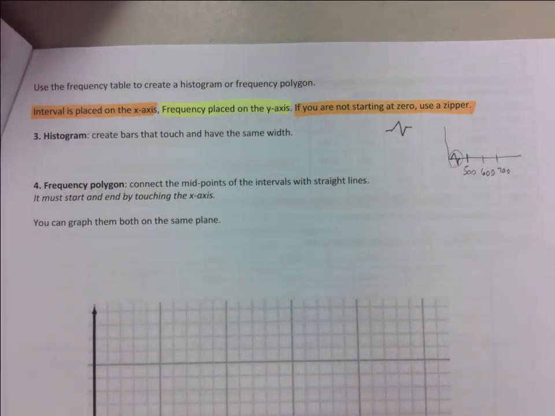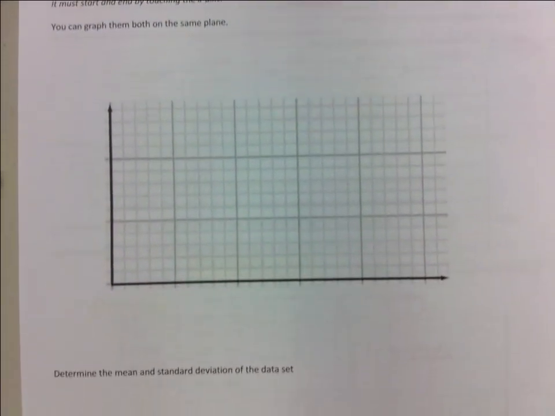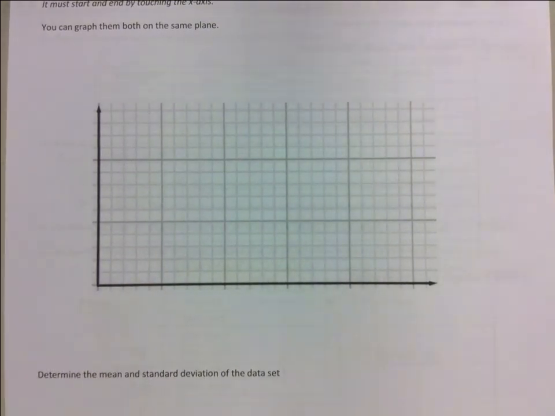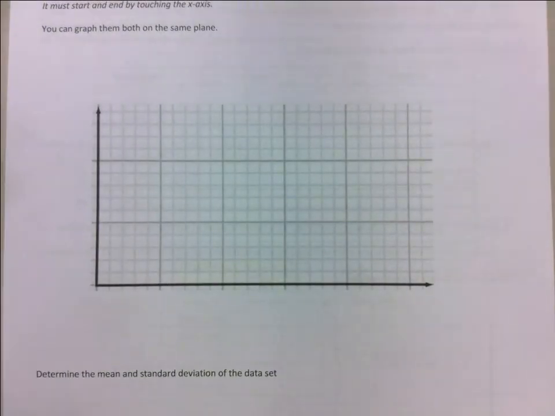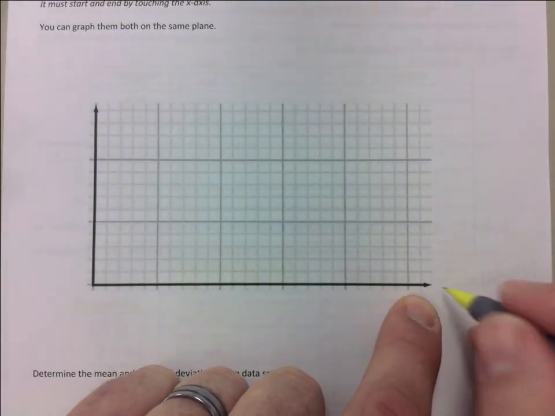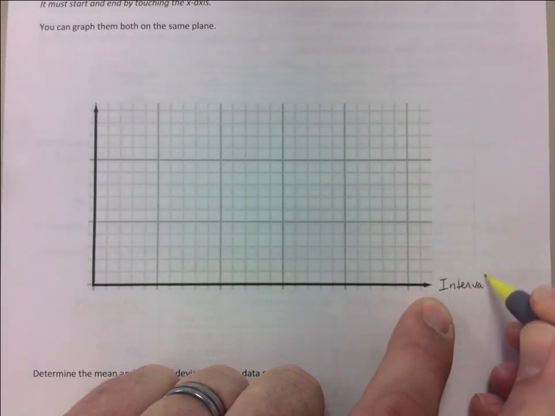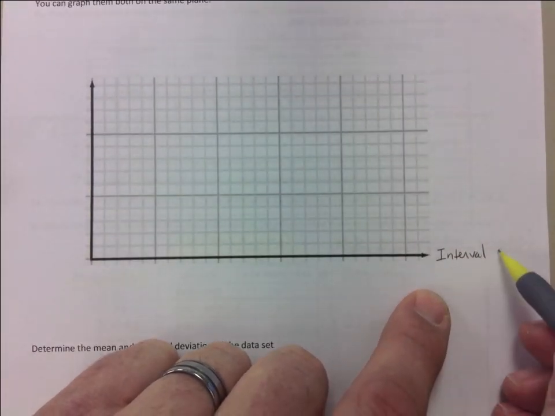We'll do both at the same time here. Histogram and frequency polygon. Let's go to this graph. I'm going to provide you with a grid. It makes the graphs prettier. So what goes on the x-axis? In this case, it's the interval. Right? What is our interval in? It's in centimeters.